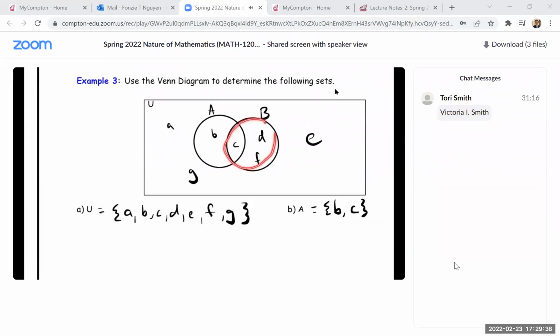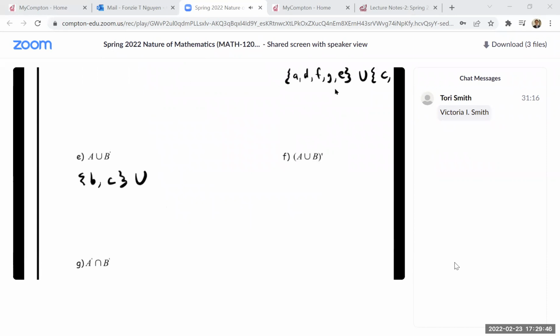Everything outside of B would be A, D, E, G. And then the union means you're combining them. So what would be in the final set? A, B, C, G, and E. Yeah, we just merged those sets into one and then take out the duplicates. All right, very good. So that is it.